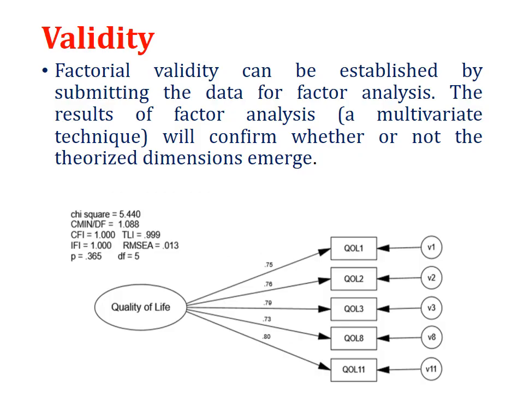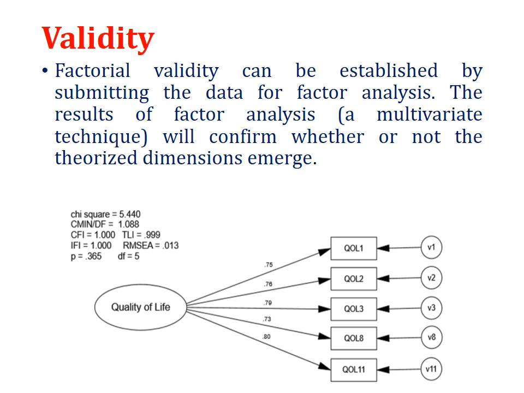Validity: factorial validity can be established by submitting the data to a factor analysis. We receive the factor analysis result using AMOS and also SPSS, and it confirms whether or not the theorized dimensions emerge.